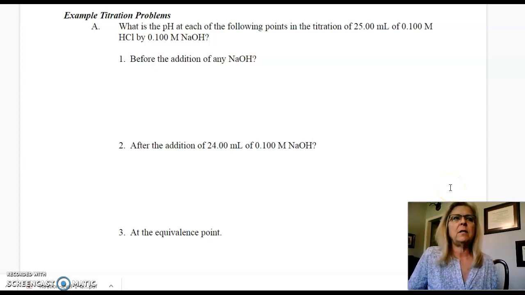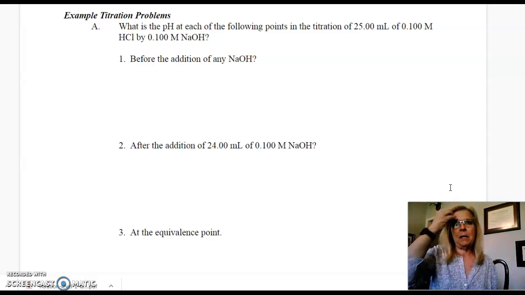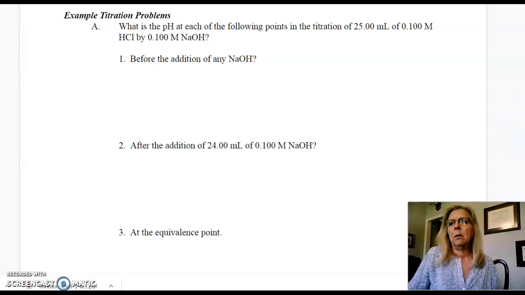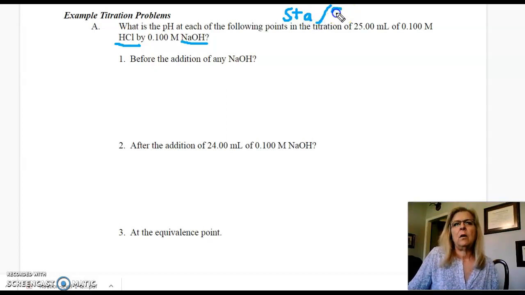Our first set of problems is going to be a reaction between hydrochloric acid and sodium hydroxide. That means that we have a strong acid and a strong base.